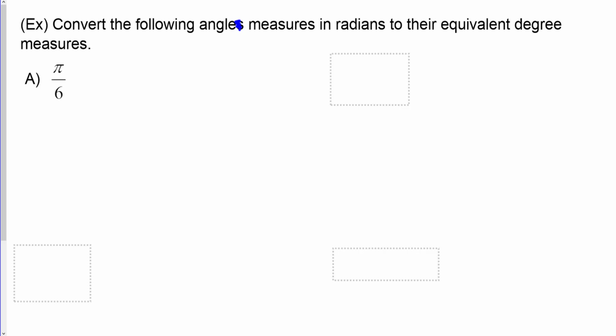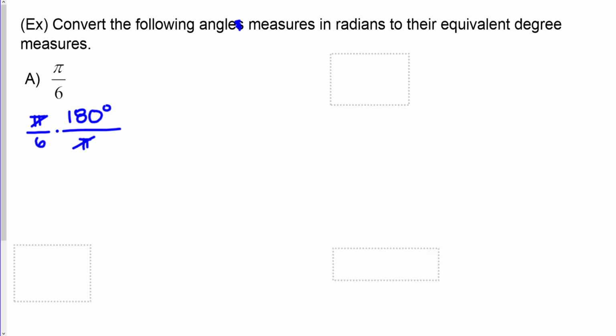So you can use this same sort of logic in order to decide how to change this into degrees. So you have to multiply it by a fraction, and you want the pi to go away. So the pi is going to go in the denominator, leaving you 180 degrees in the numerator.